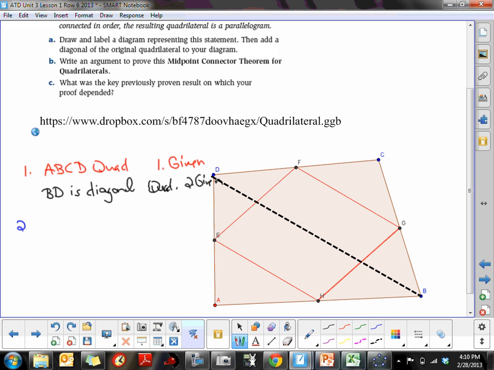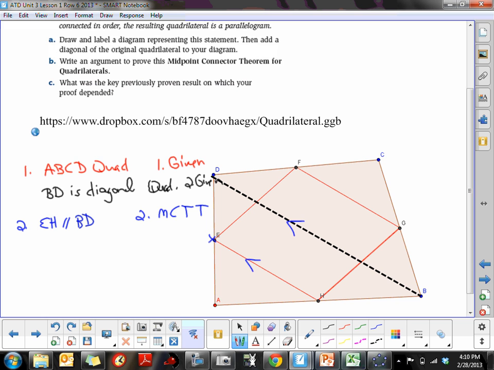In step 2, what I did is I recognized that EH has to be parallel to BD. EH has to be parallel to BD by the midpoint connector theorem of triangles.